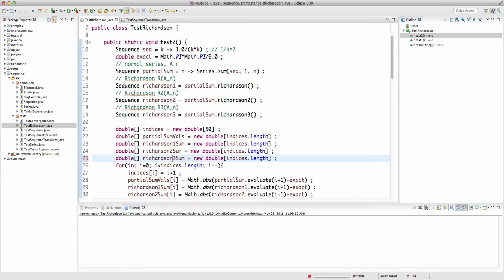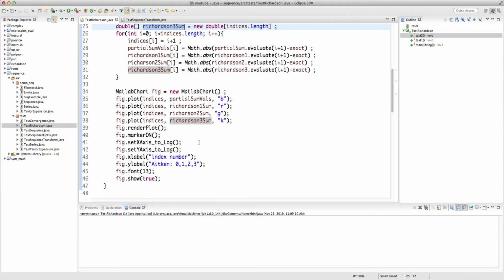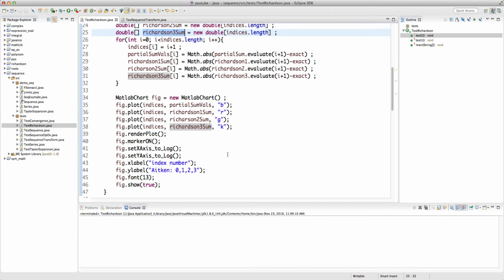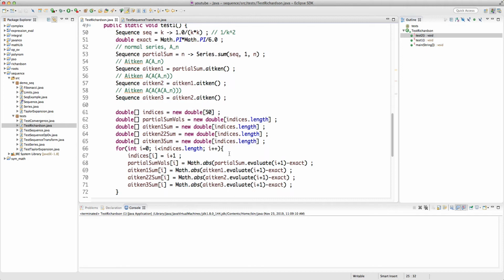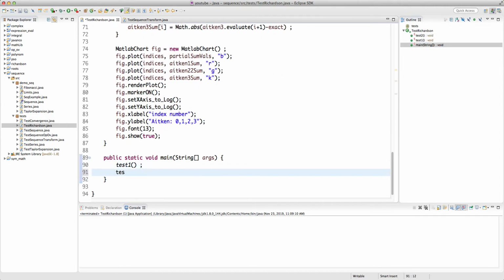All right, so everything is set. We're still looking at the log scale, and let's run test 2. So remember, test 1 was doing Aitken transform, and test 2 is doing a Richardson transform.